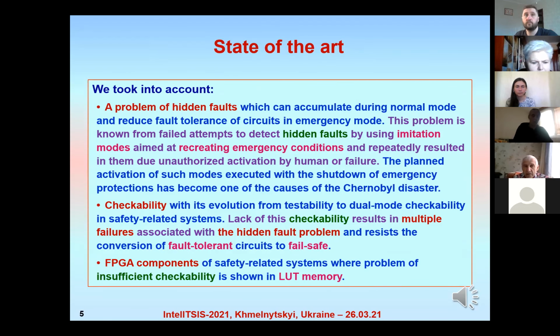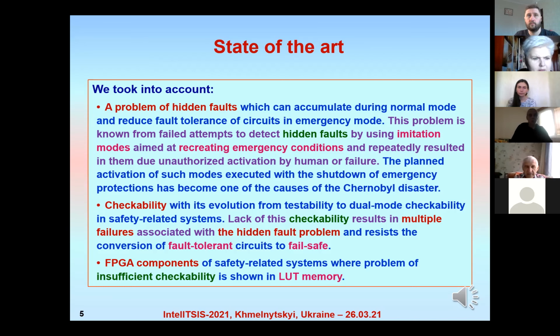We also took into account the problem of hidden faults, which can accumulate during normal mode and reduce the fault tolerance of the circuit in emergency mode. This problem is known from failed attempts to detect hidden faults by using imitation modes, which are very dangerous and aimed at recreating emergency conditions. They repeatedly resulted in accidents due to unauthorized activation by a human or failure.